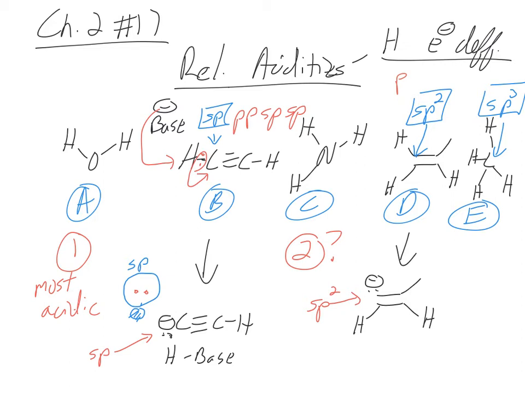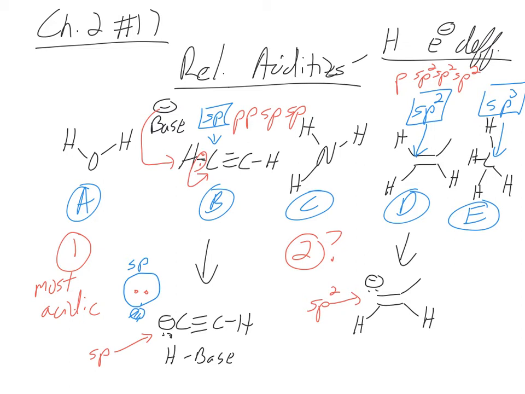So what do you have left over? 2 p's and an s, and you take them all and you mix them up, and you end up with 3 sp2s. Right? Those form the sigma bonds. Everybody see this carbon has a pi bond, a sigma, and another sigma? So the lone pairs are in an sp2 orbital.